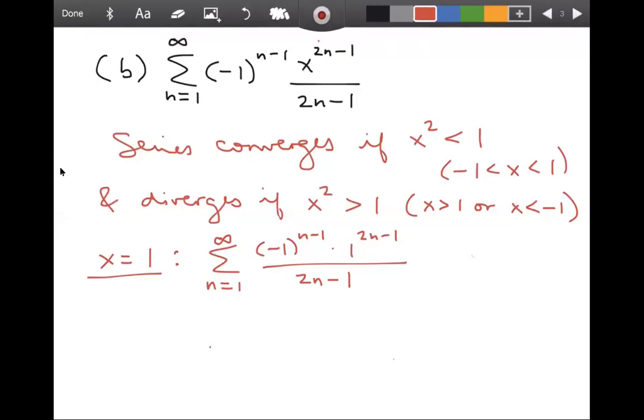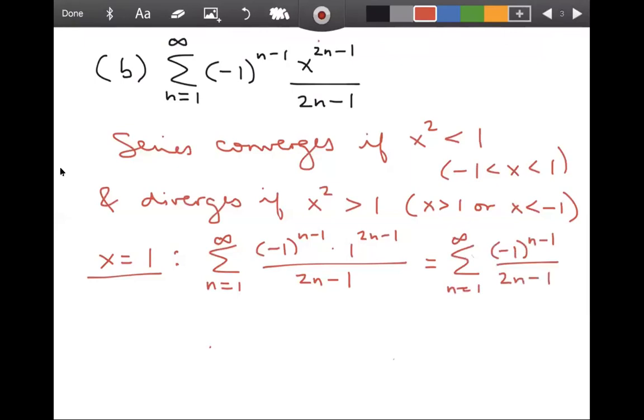All right. So 1 to the 2n minus 1 is just 1. So this series becomes the sum n going from 1 to infinity, negative 1 to the n minus 1 over 2n minus 1.